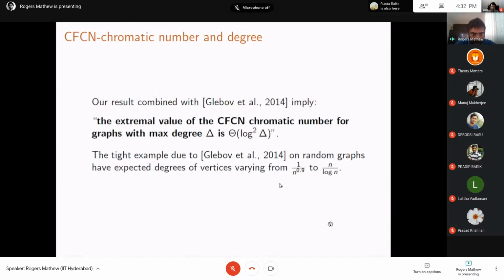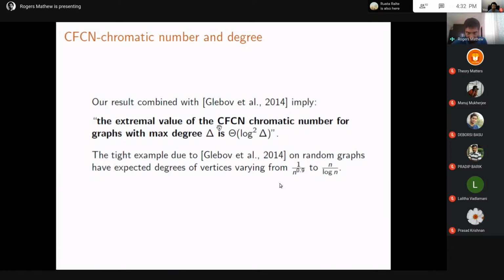So our result combined with the lower bound says the following, what is highlighted in bold, which says the extremal value of the conflict-free chromatic number of graphs with maximum degree delta is theta of log square delta, which means you have an upper bound which is some constant times log square delta. You also know of graphs which require some other constant times log square delta.